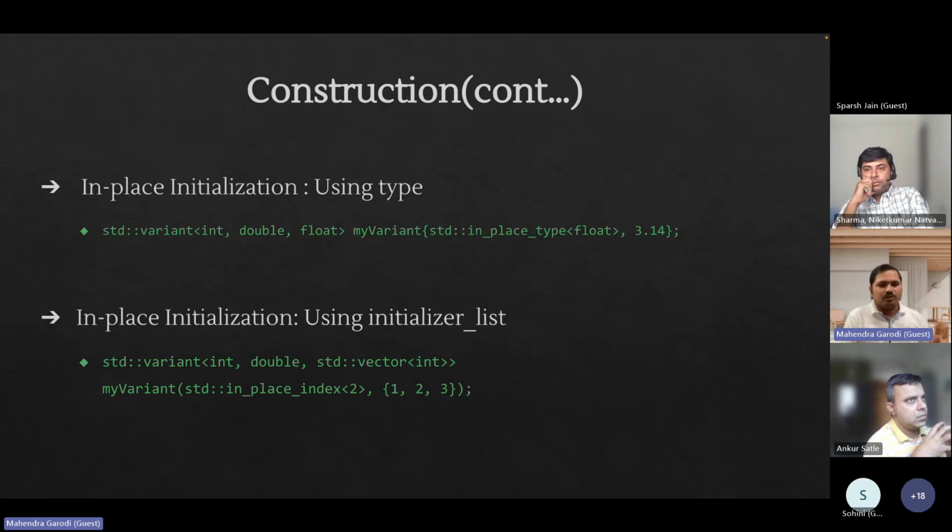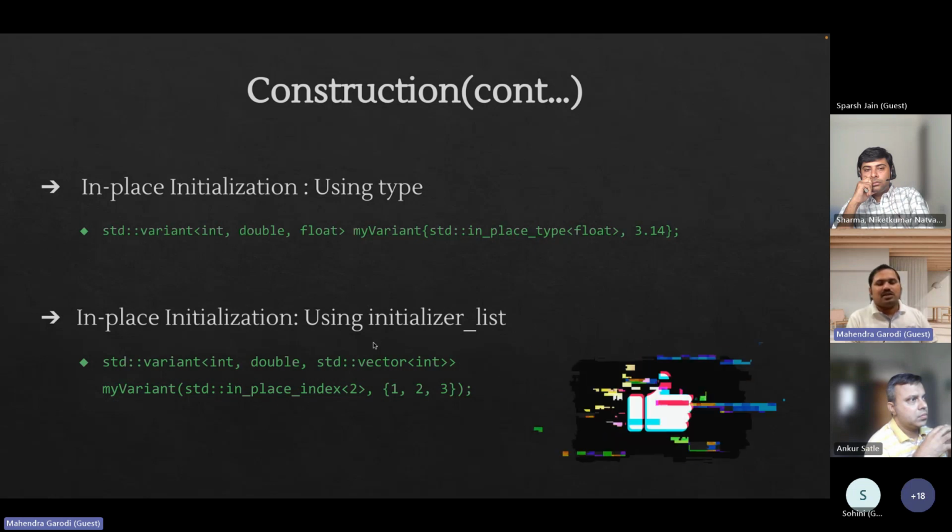At least one of them you have to use. You can't directly initialize. So in this case, for example, we have this std::vector of int, and I want to initialize this vector with these three values 1, 2, 3. So I have to use this in_place_index syntax, and that will get initialized properly.